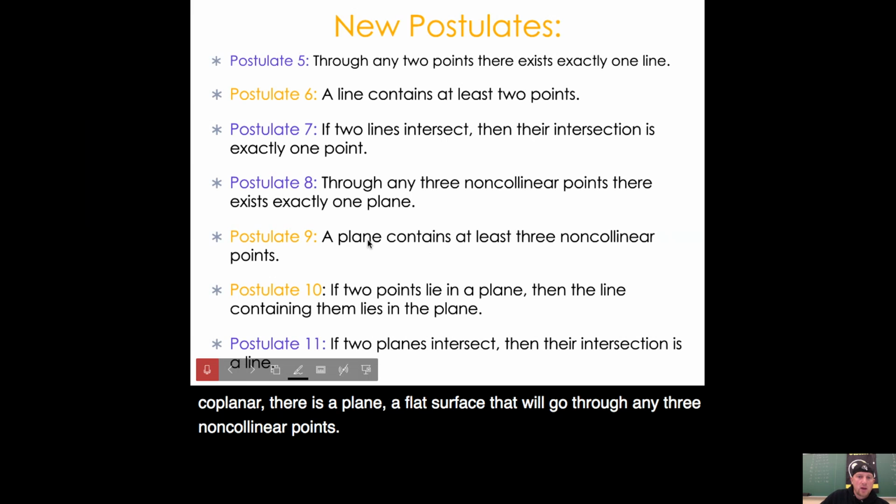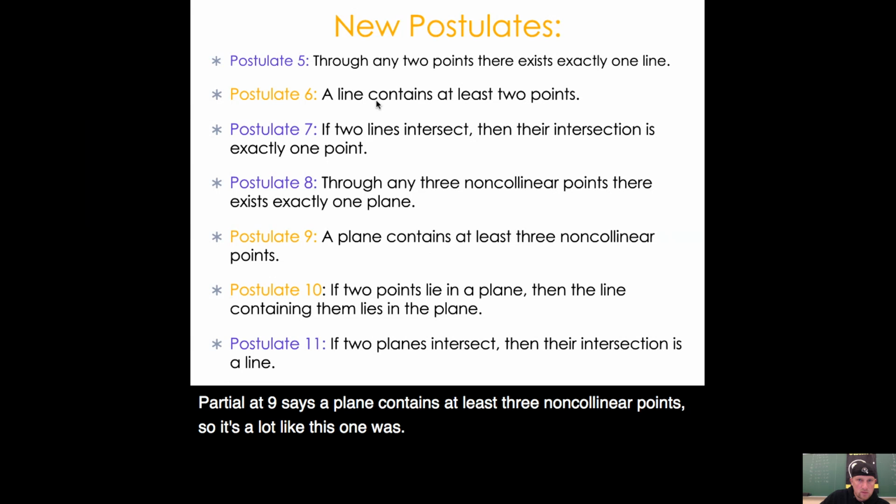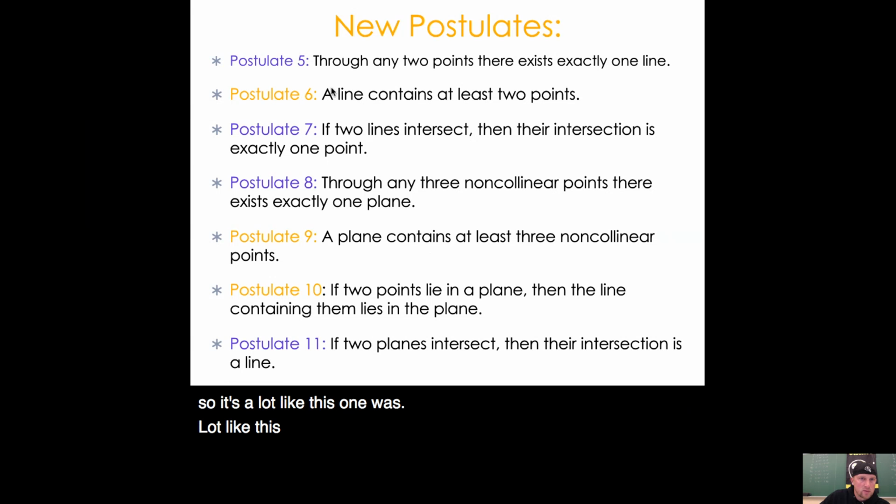Postulate 9 says a plane contains at least 3 non-collinear points. So it's a lot like postulates 6 and 5 were with the line. It's the same relationship.